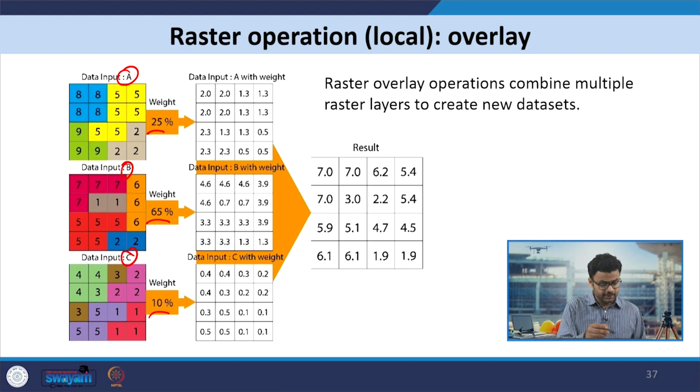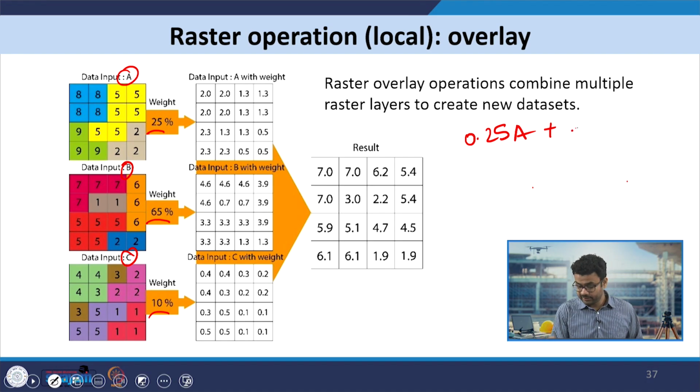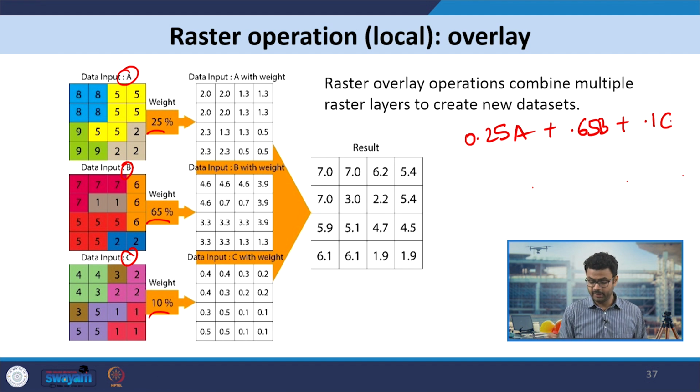Which means each pixel of raster A will be multiplied by 0.25, each pixel of raster B will be multiplied by 0.65, and each pixel of raster C will be multiplied by 0.1, and then they will be added up.